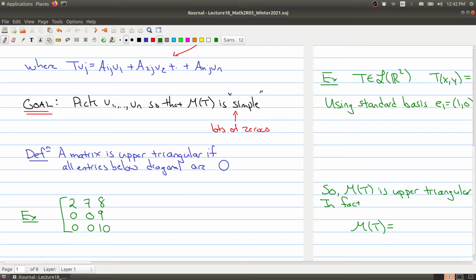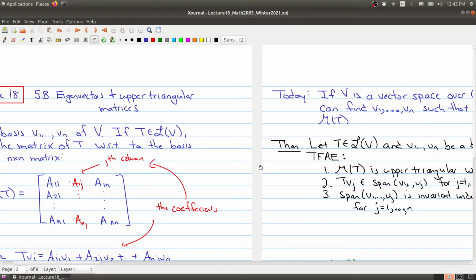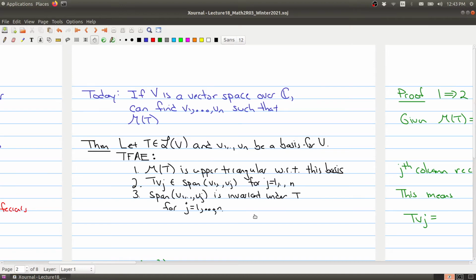These zeros are below the diagonal, so it's upper triangular. More generally, you would have lambda 1, lambda 2, all the way down to lambda n on the diagonal. Over here are all zeros, and the star can represent any value.